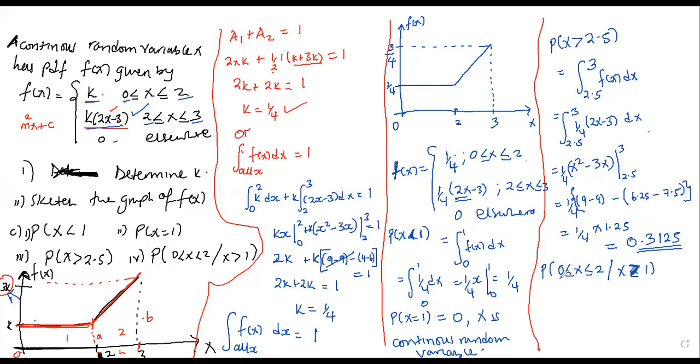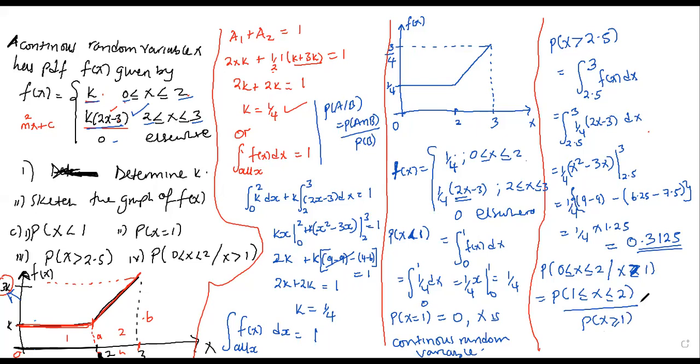Conditional probability reminds us that if you have probability of A given B, you must get the probability where A and B lie, that's the intersection, over probability of B. So this is going to be probability of 1 less or equal to X less or equal to 2 over probability of X greater than or equal to 1.